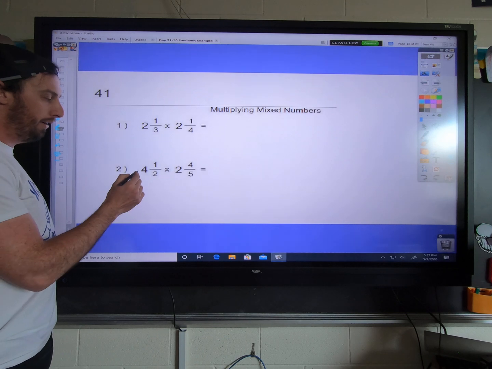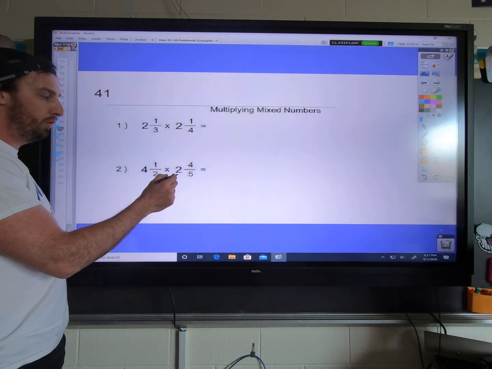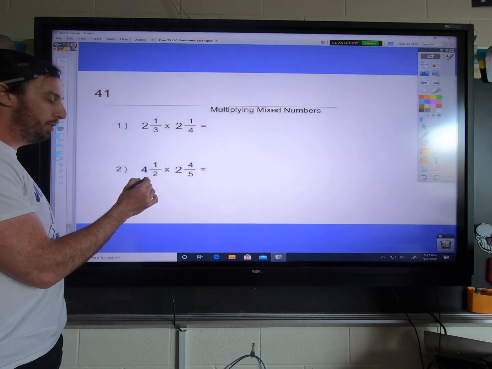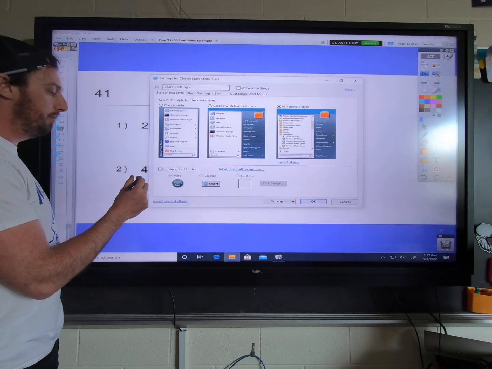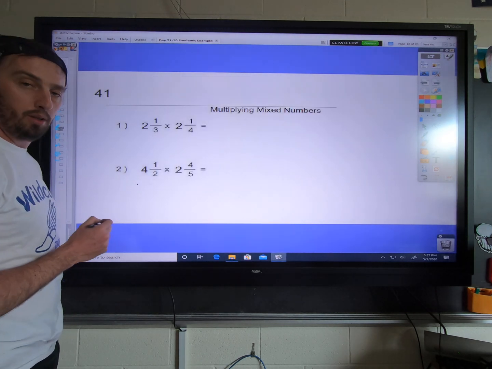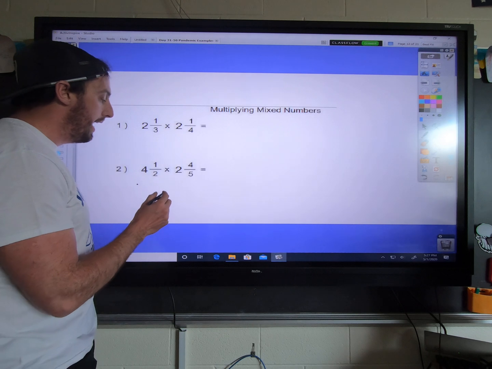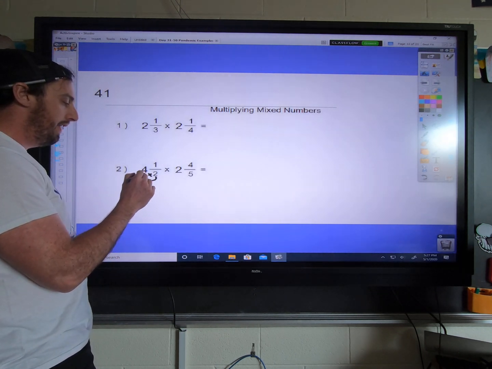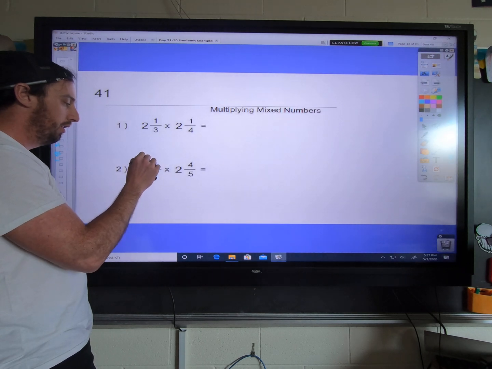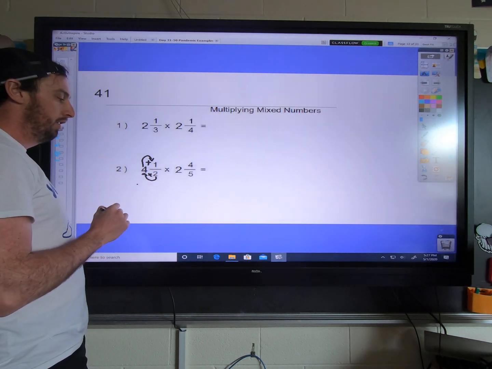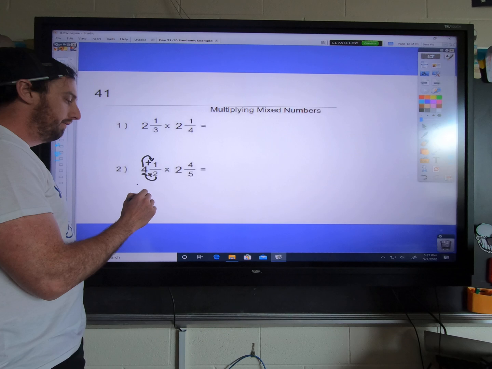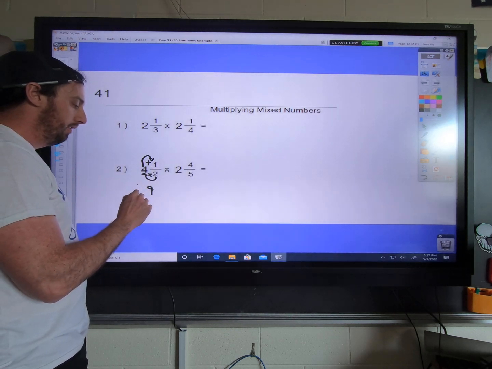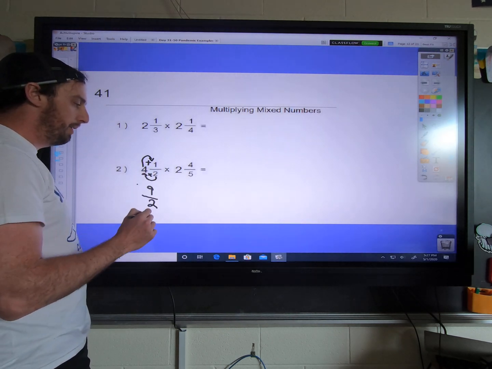Going down here, I have 4 1/2 times 2 4/5. Remember, in order to change a mixed number into an improper fraction, I have to multiply the denominator times the whole number and then add it to the numerator. 2 times 4 is 8, plus 1 is 9, over my original denominator of 2.